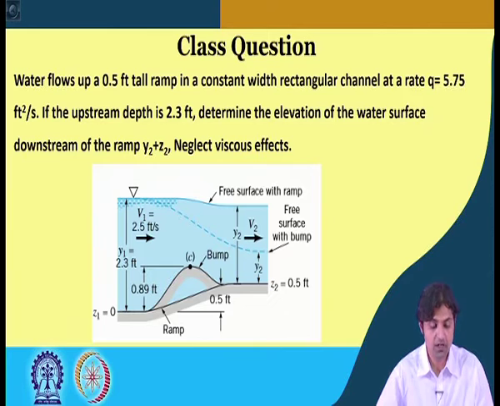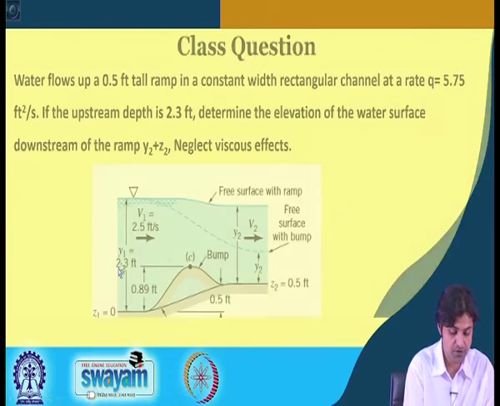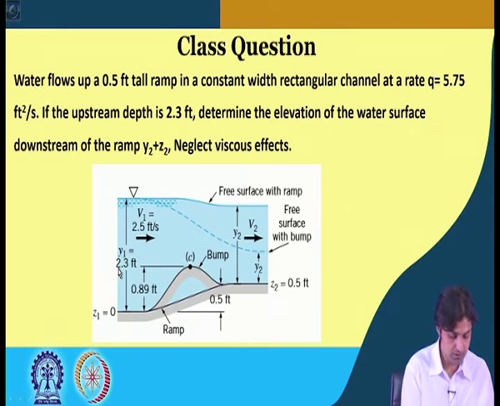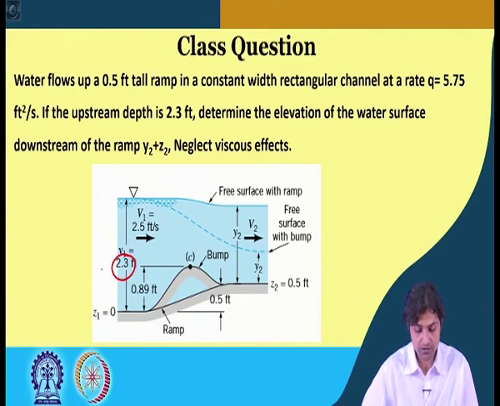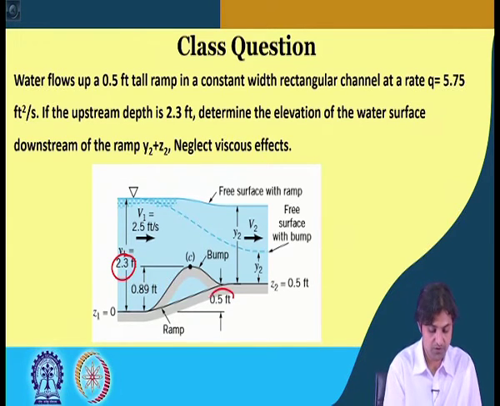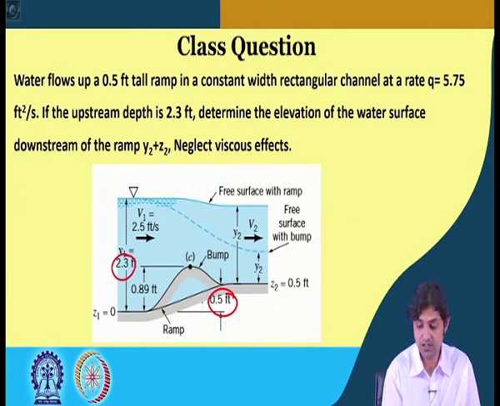If the upstream depth is 2.3 feet, determine the elevation of the water surface downstream of the ramp, y2 plus z2. We have to neglect the viscous effect. The ramp is 0.5 feet, and the flow rate q is given as 5.75 feet square per second.